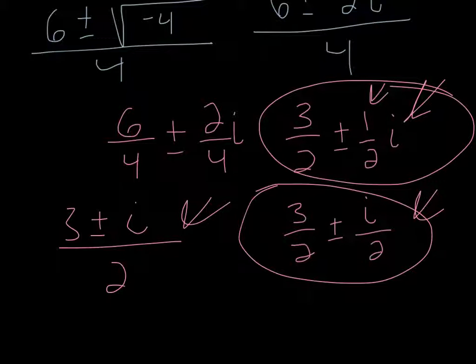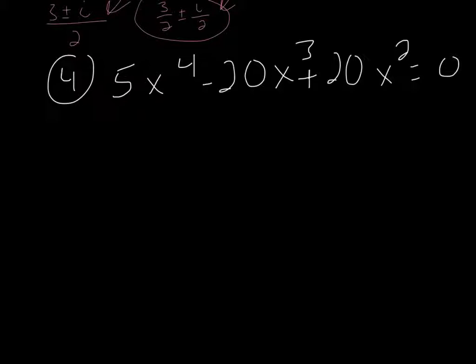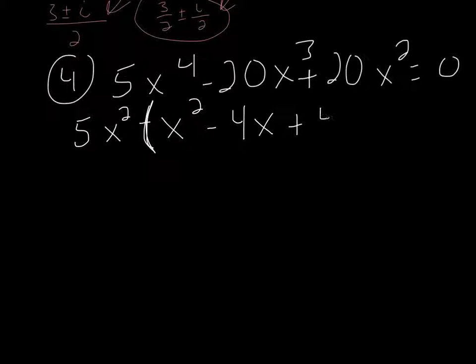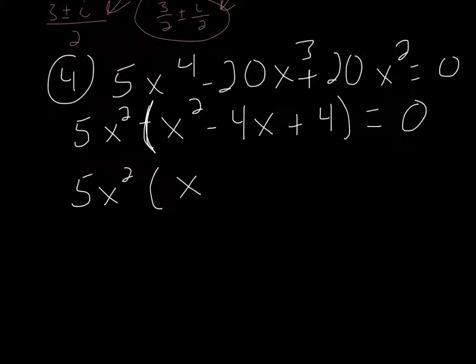This one we're going to identify the roots. Out of 5x squared, that leaves me with x to the second minus 4x plus 4 equals 0. Then we can factor that to 5x squared times x minus 2, all squared, equals 0.